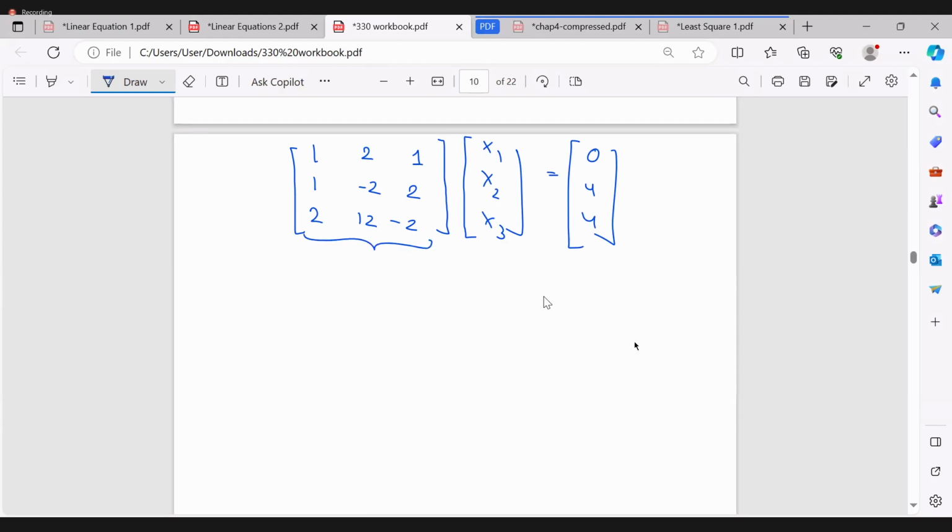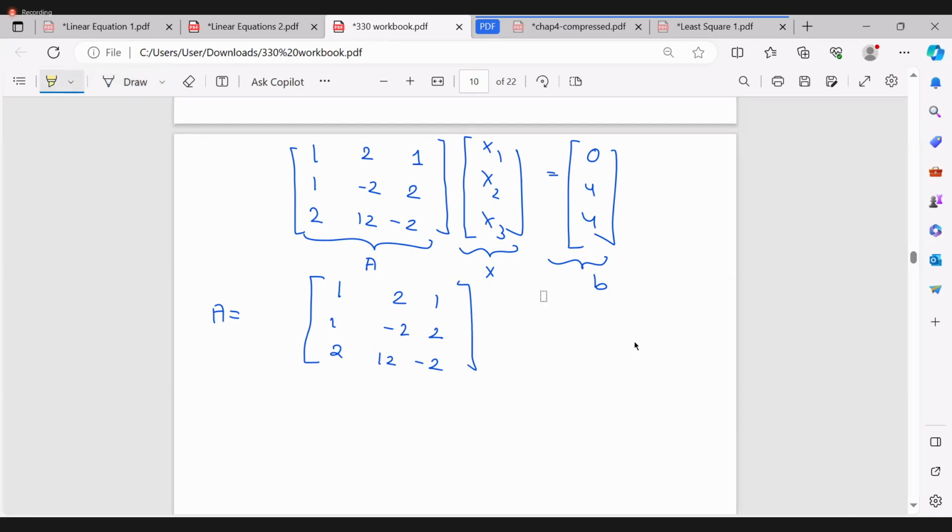This is my A, this is my X, and this is my B. I need to convert A into LU. So that is my first part. Okay, so 1, 2, 1, 1, minus 2, 2, and 2, 12, minus 2. Which are the values that are needed to be made 0 for your upper triangular matrix?